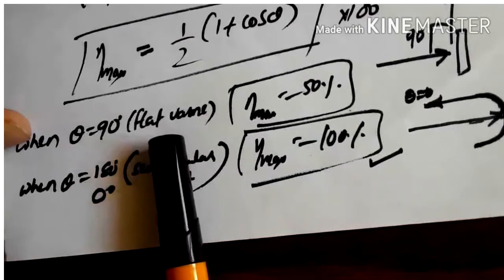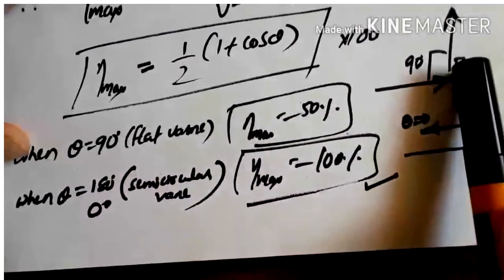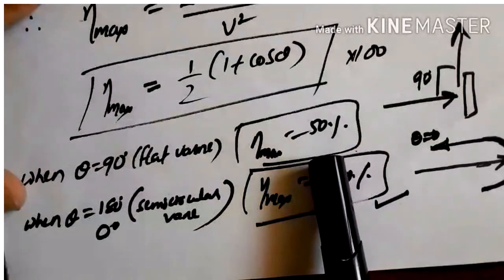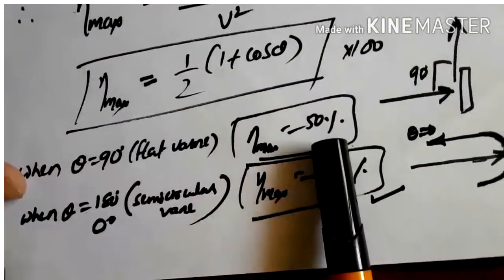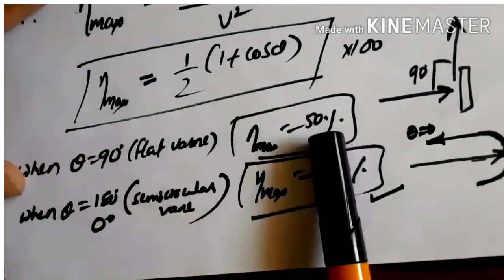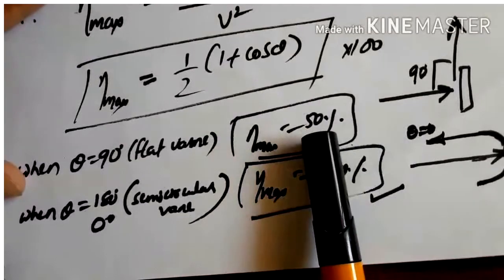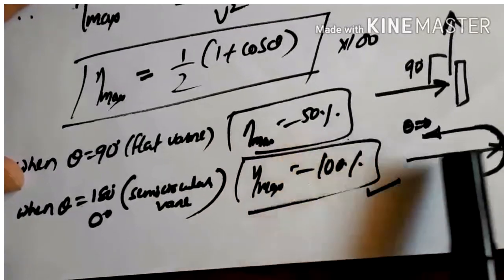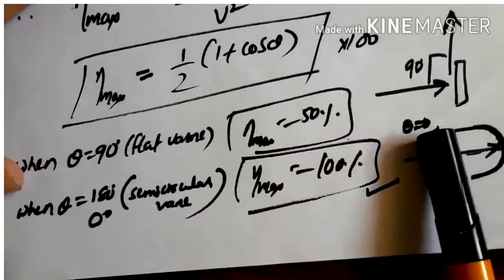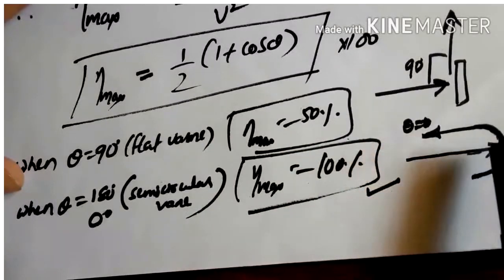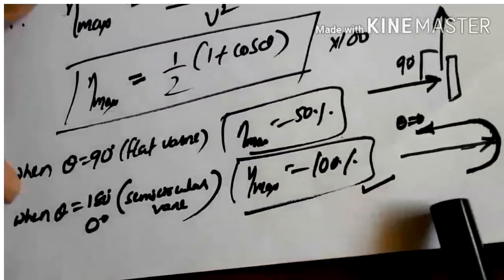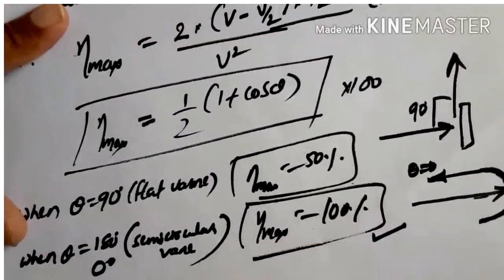If we have flat vanes, deflecting by an angle of 90 degrees, we cannot achieve 100% efficiency, we can achieve only 50% efficiency, meaning 50% of the jet may not be striking the vane. We can say the 50% will get wasted. Okay, so in the semicircular case we can achieve 100% efficiency. I hope you understood this one. So practice this derivation. Thank you.